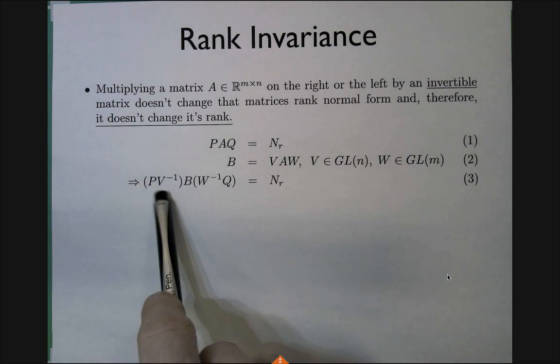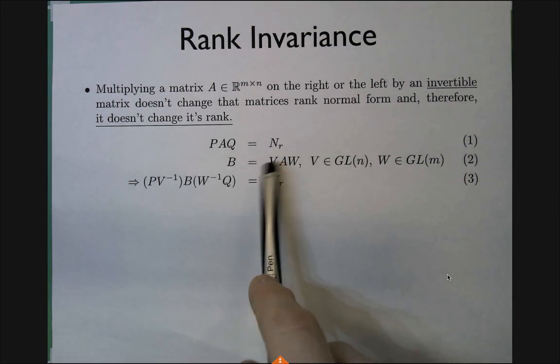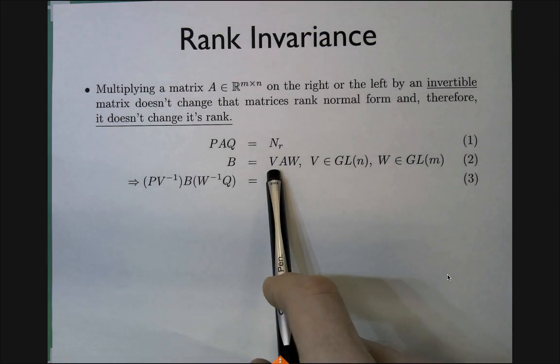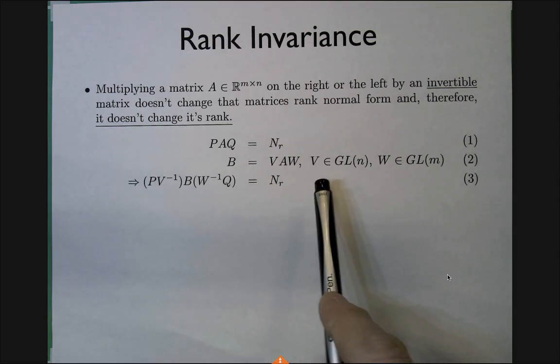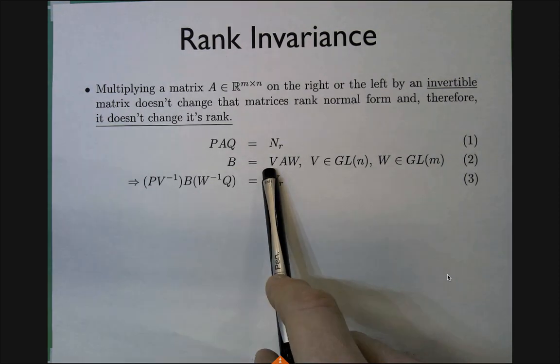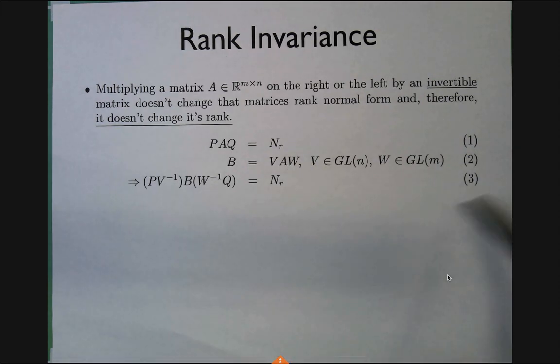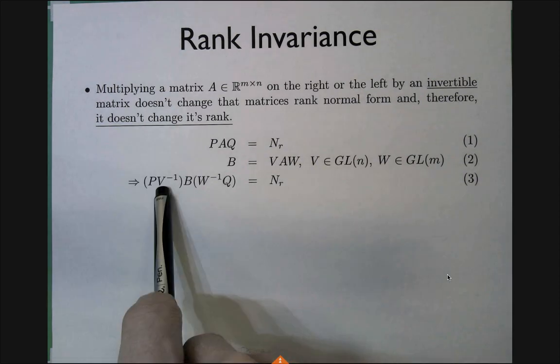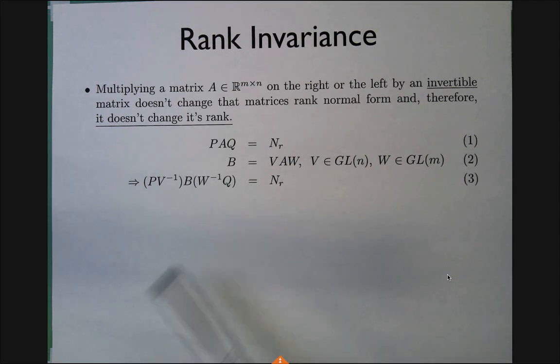So if I actually write the reduced row echelon form, I would see that V can be split into the individual elementary row transformations, right? W can be split into elementary column transformations. If I do the inverse, I just invert the individual row transformations. Same here for the column transformations.